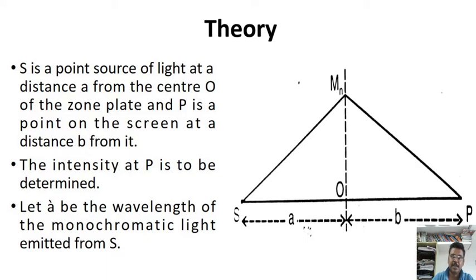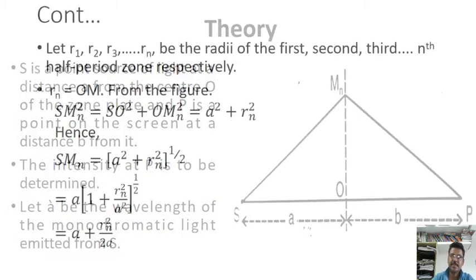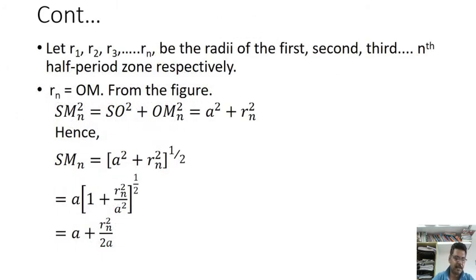Let lambda be the wavelength of the monochromatic light emitted from S. Let R1, R2, R3, R4, up to Rn be the radii of the first, second, third and nth half period zones respectively.